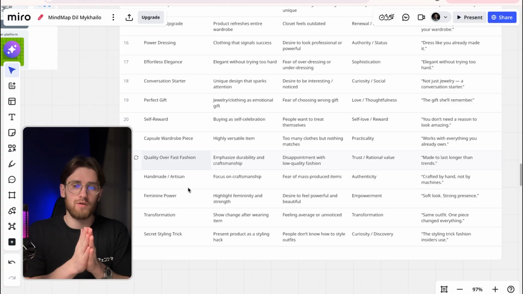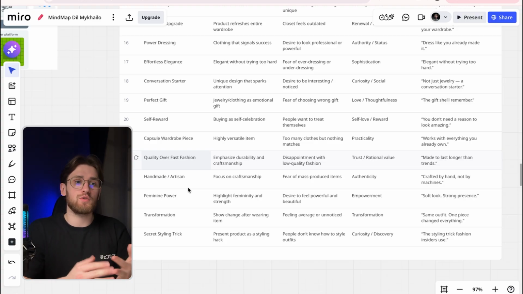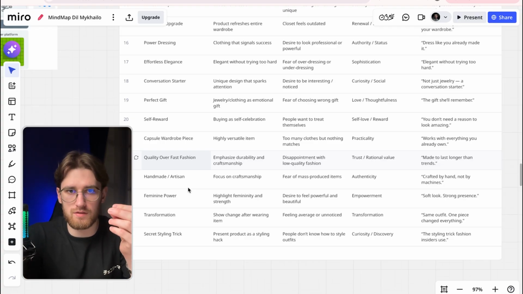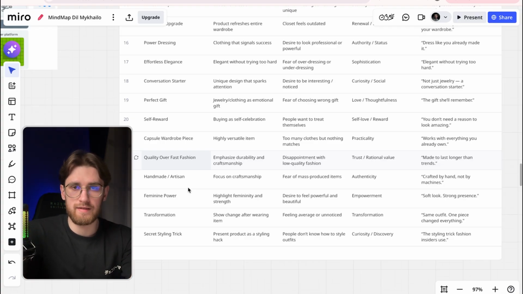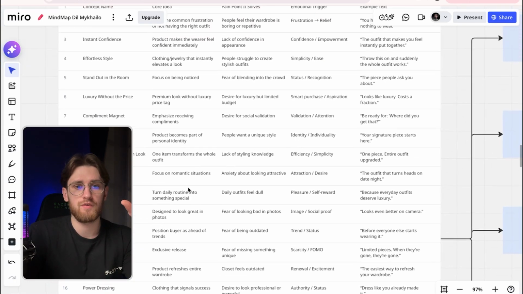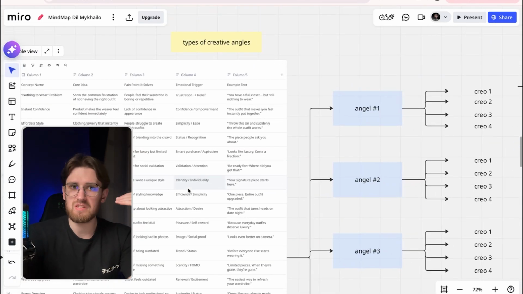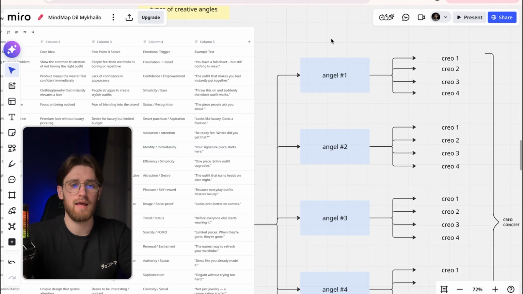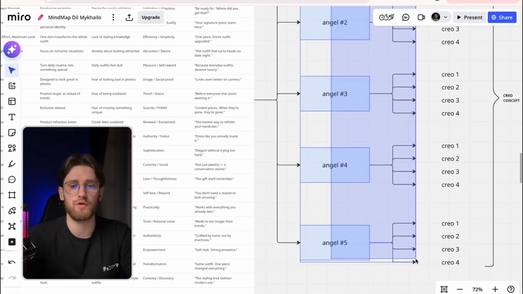This is very important, because of that you need to create your own angles for your ideal customer profile. After that, you have, for example, 7, 10, even 15 different angles, and this is how you should work in your ad account.